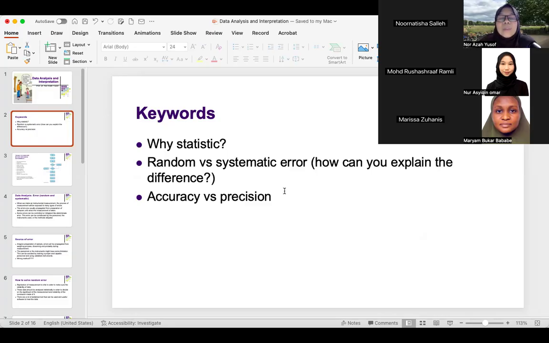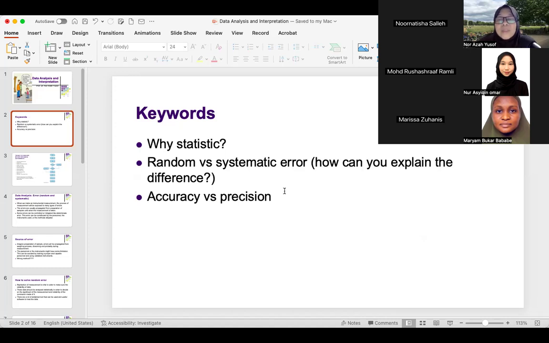As well, you need to study the words just now: sensitivity, selectivity, specificity, probably limit of detection, limit of quantification, and some units, because those are the things that will appear in the questions.